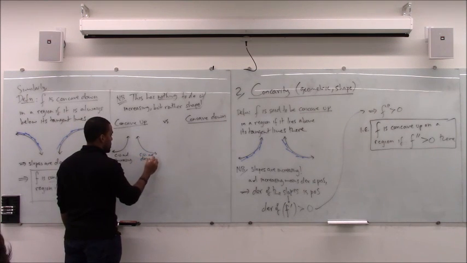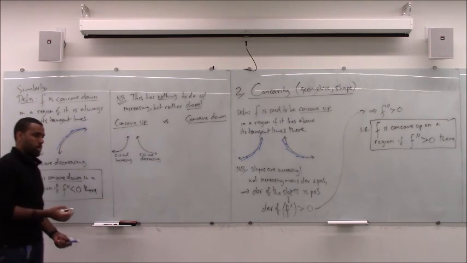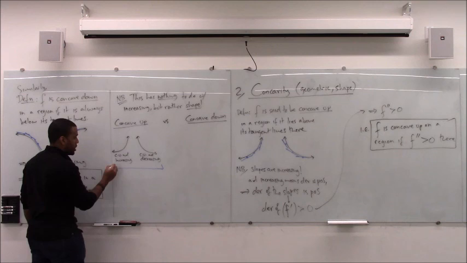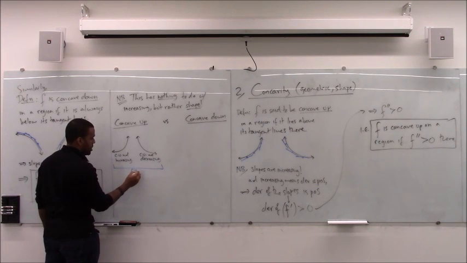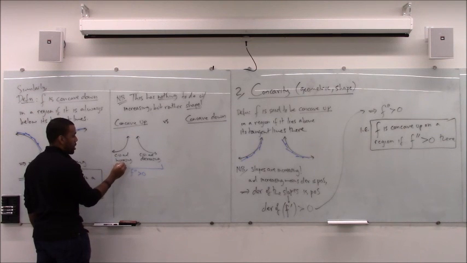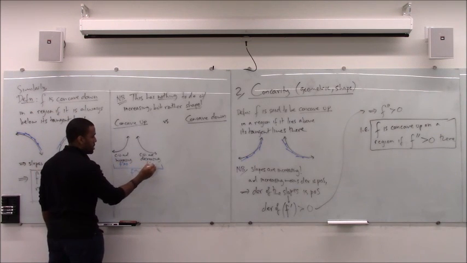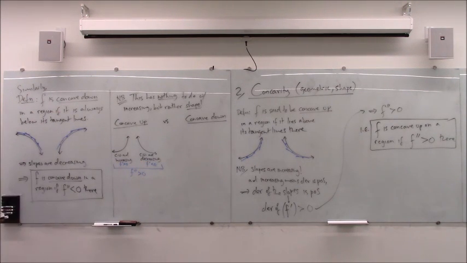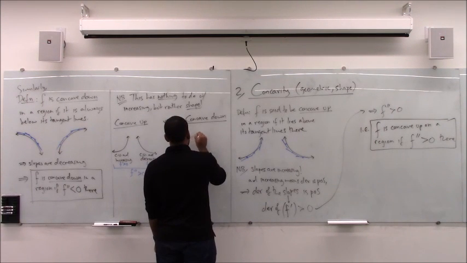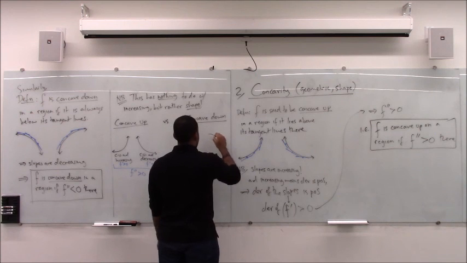So increasing and decreasing is different from concavity. In both of these situations, your f double prime is positive. However, in this situation, your f prime is positive while here your f prime is negative, right?